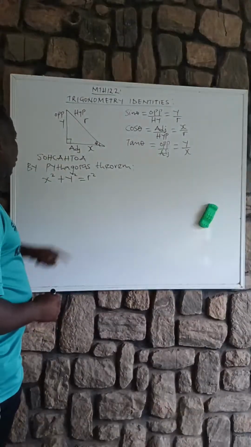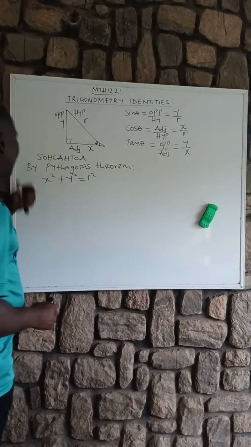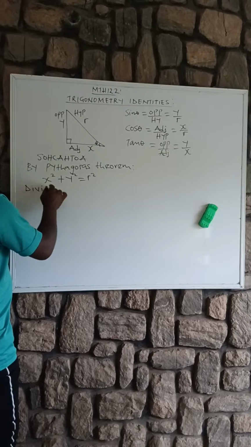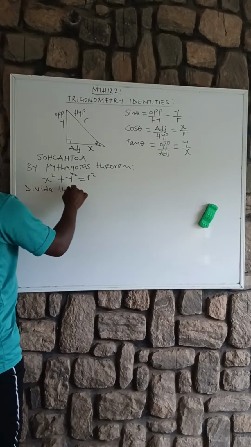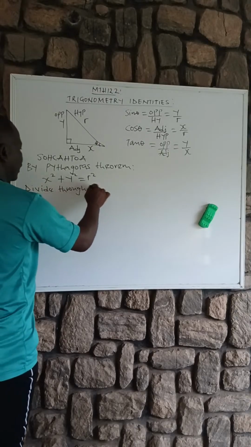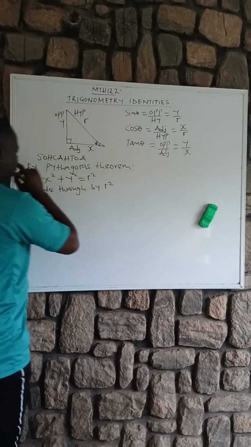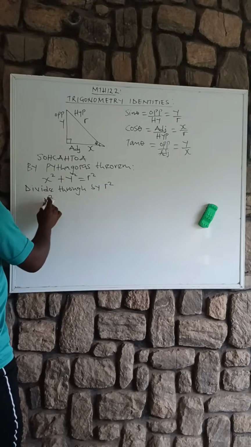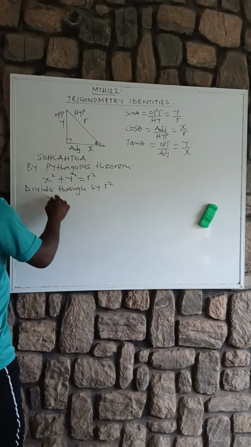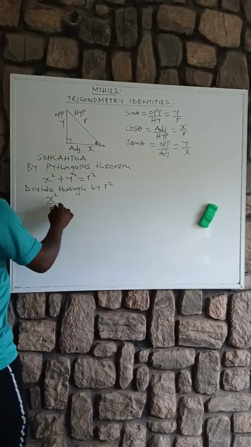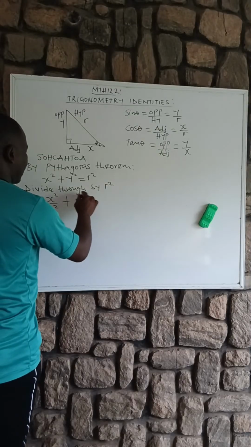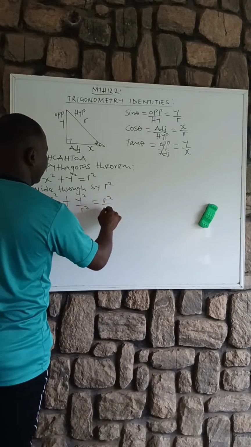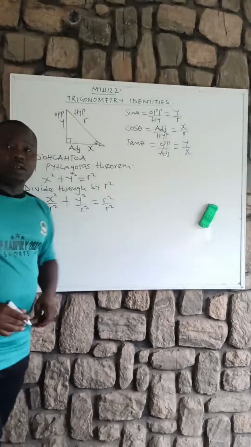Now what we need to do is divide through by r squared. If we divide through by r squared, it means x squared over r squared plus y squared over r squared equals r squared over r squared. True or false?